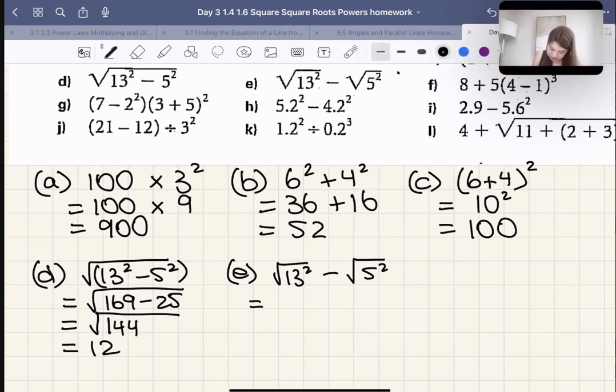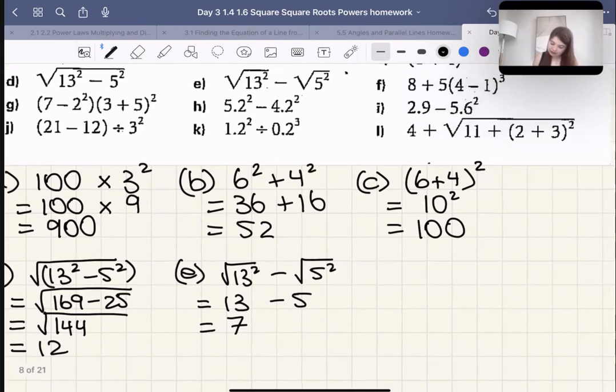Because we're going to square it and get 169 and then square root it again back to 13. And same with 5, right? Similar logic can be applied to 5. Now, is there any multiplication or division? No, there isn't. Is there any addition or subtraction? Yes. We get 13 minus 5, which is 8. And there we go.